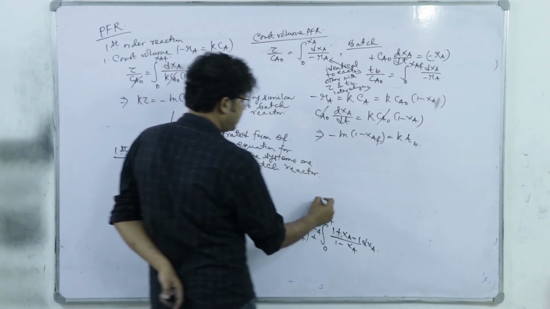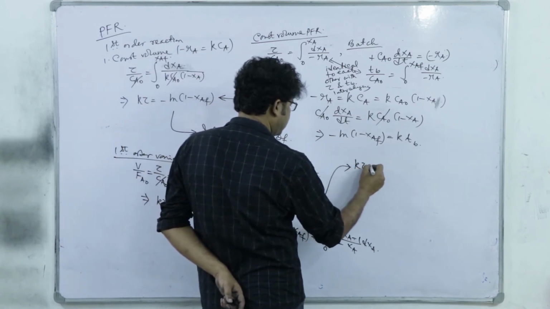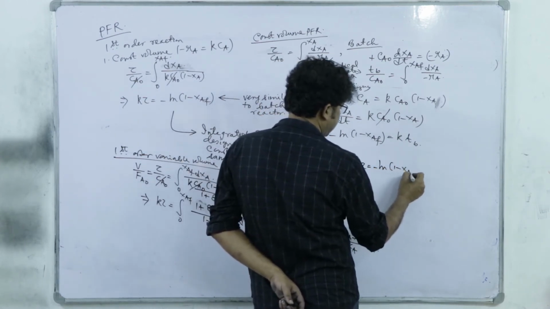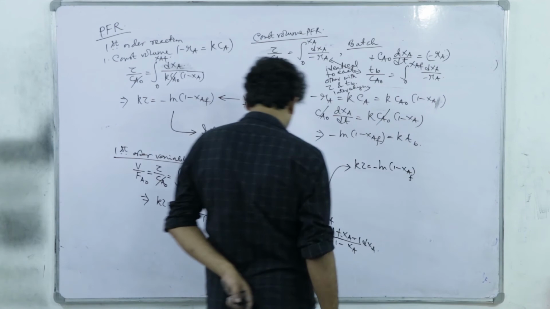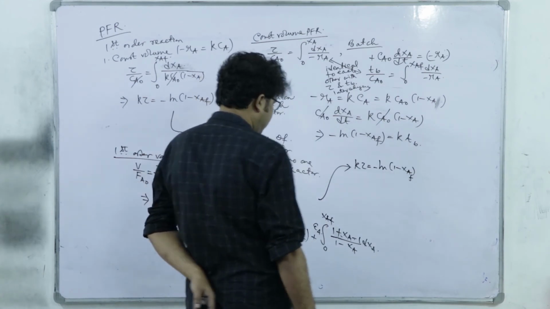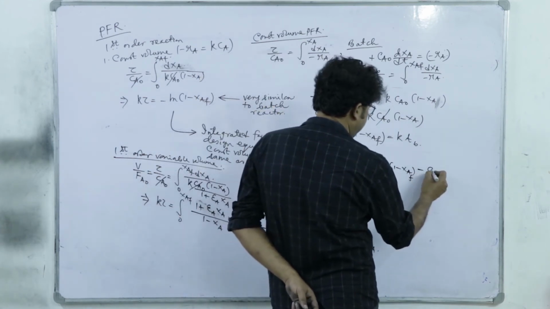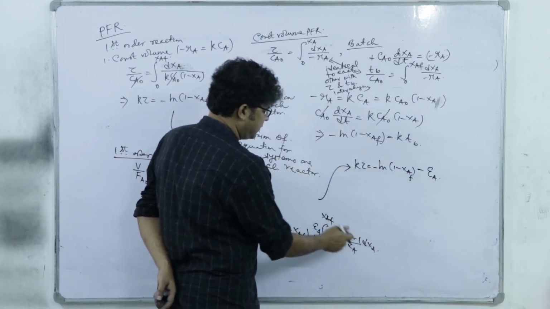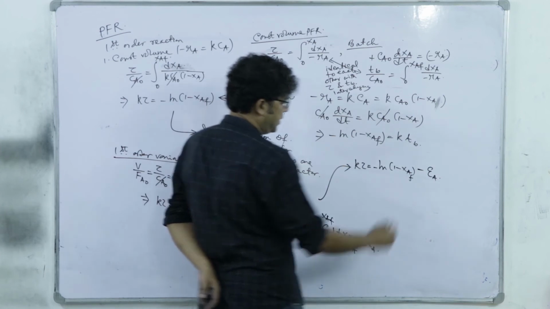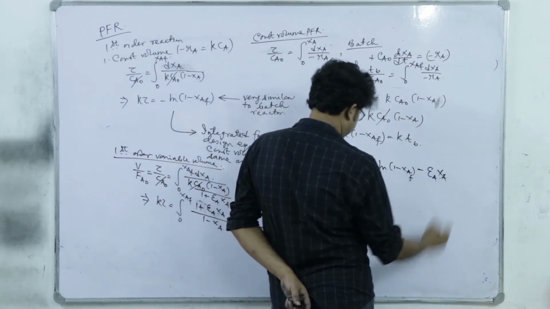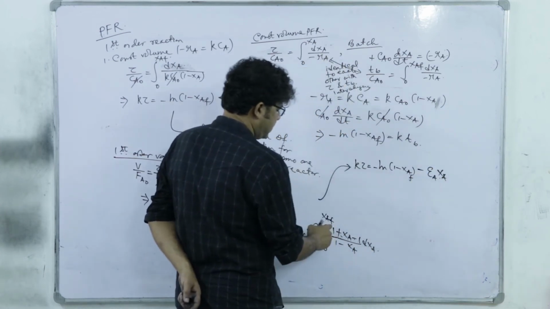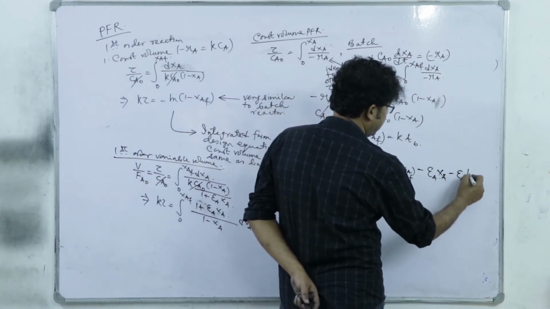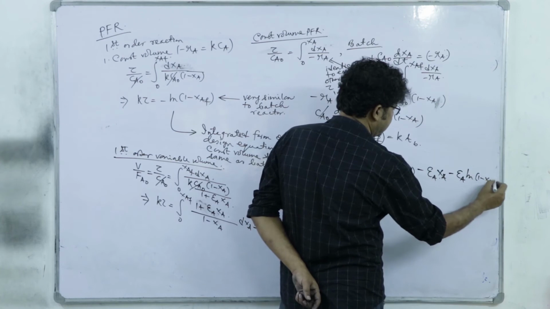So K tau becomes minus of ln 1 minus Xaf, minus epsilon A times the integral, taking the minus common, of Xa, and 1 divided by 1 minus Xa.